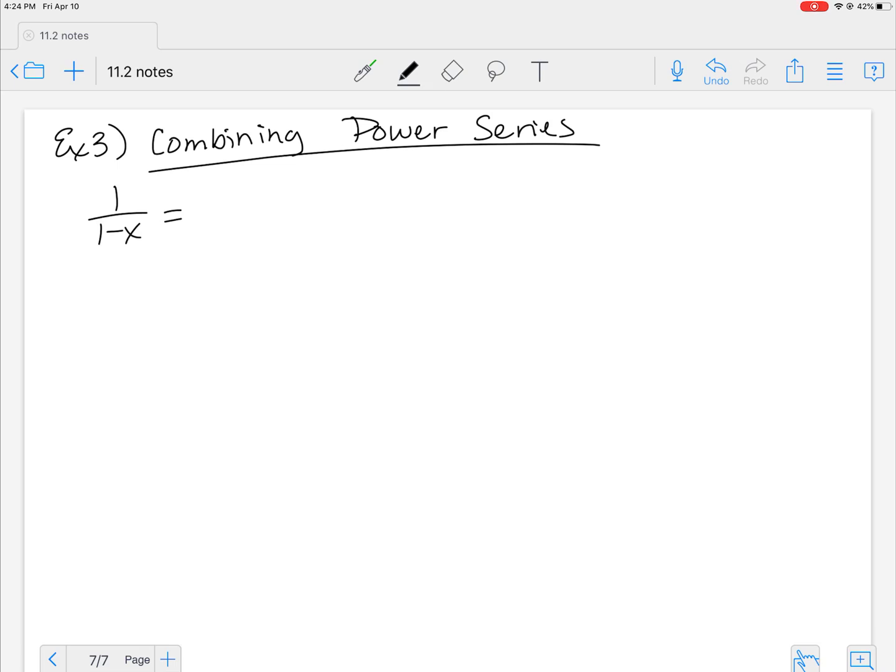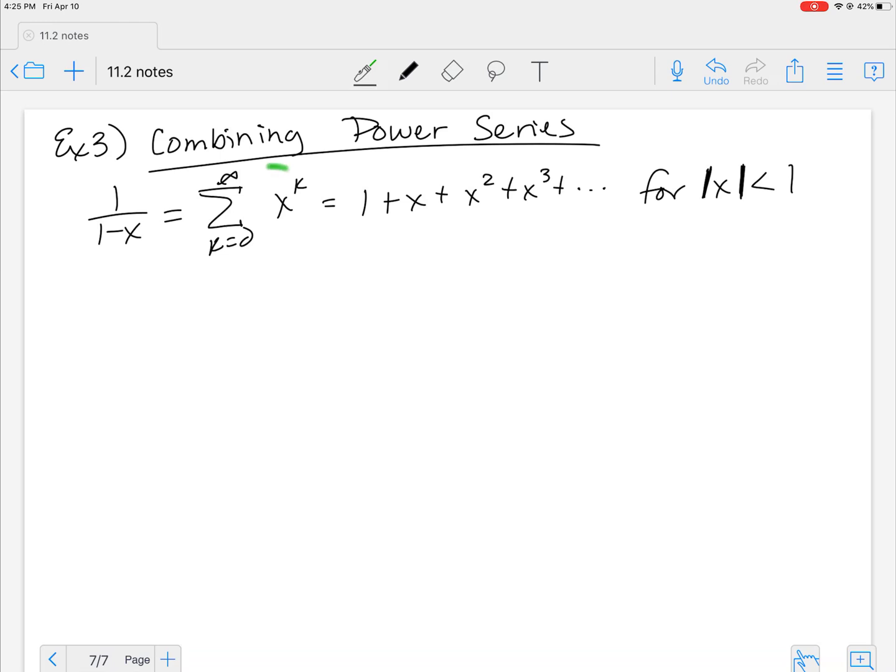If you turn this fraction into a series, you will get the sum from k equals 0 to infinity of x to the k, which is 1 plus x plus x squared plus x cubed and more of that, for all x's where the absolute value of x is less than 1. Now, spoiler alert, this is called the geometric series, so I'm going to write this down.